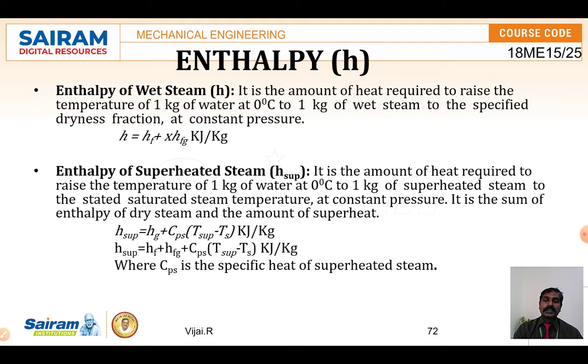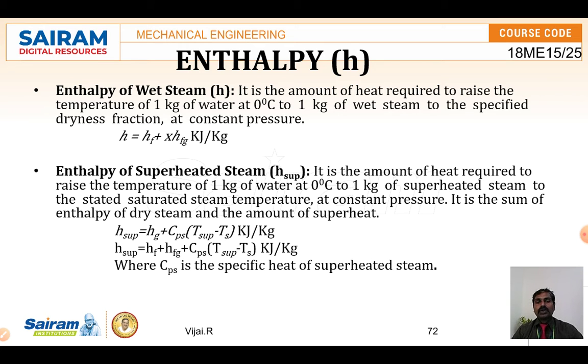Now let me see wet steam and superheated steam. What is a wet steam? Wet steam is steam in which water particles are mixed. When the water starts to boil, the water at 0 degree is converted into steam by getting heat. When heat is added after the water reaches 100 degree, enthalpy is needed for the conversion.